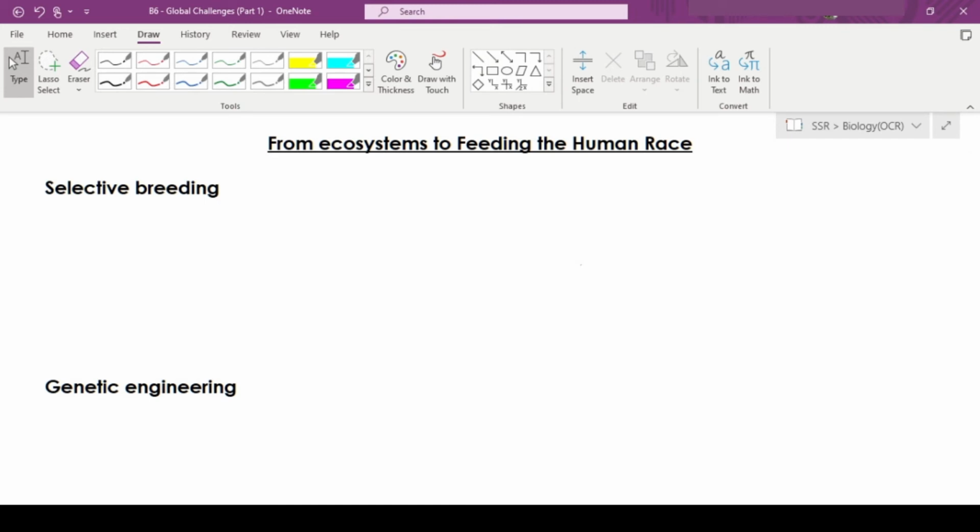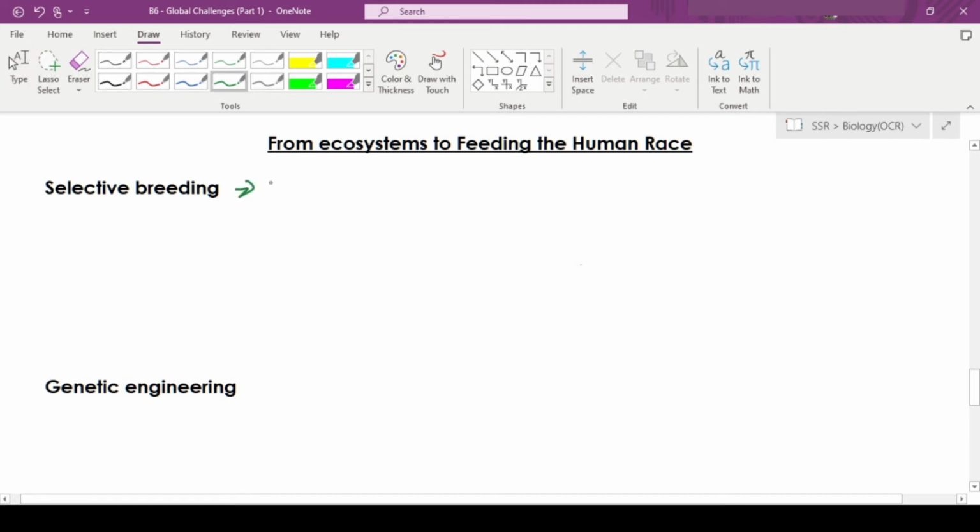The next thing we'll talk about is feeding the human race. We're a growing population and we require more and more food each year. And so that has led to some innovations that have come about to allow us to try and produce more food.